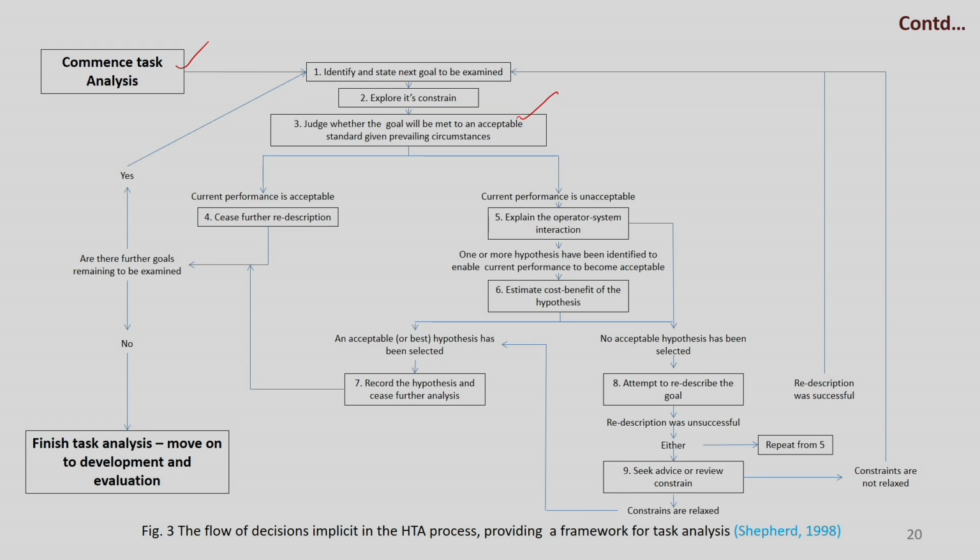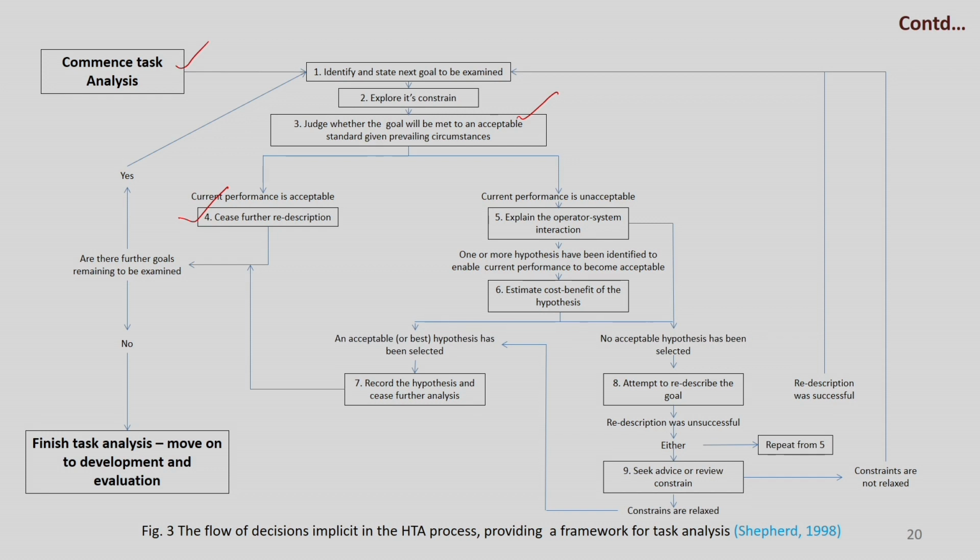So, if you identify that current performance is acceptable, okay, fine. But if it is not acceptable, then you need to go for further detailing. Once you find that performance is acceptable or as per the standard or recommended rules, you cease further redescription. But if it is not, then what do you do?